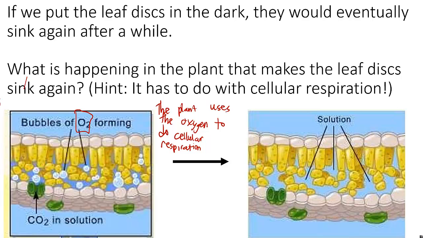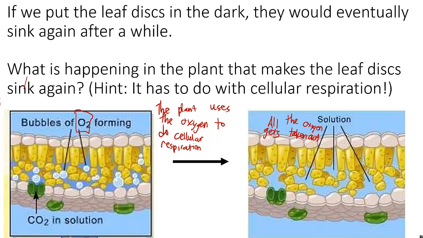The plant uses the oxygen to do cellular respiration, and all the oxygen gets taken out. And when that happens, the leaf discs are going to sink again. So we take that air that we made through photosynthesis and we use it to do cellular respiration. And then the leaf discs are going to sink back down to the bottom of the cup.